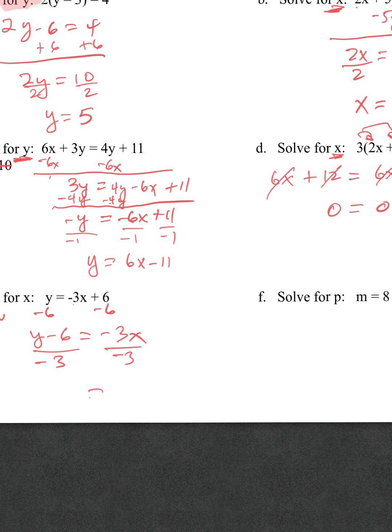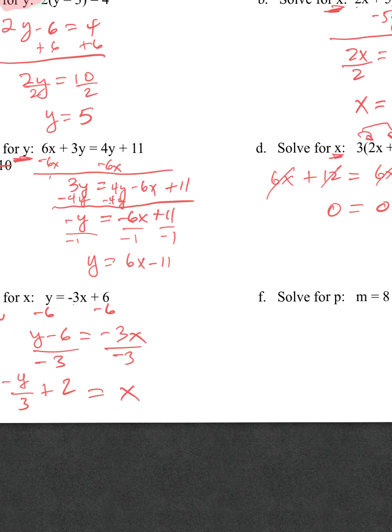So we get x is equal to, you can write it in this form, or you can write it individually as a fraction: -y over 3 plus, because it's -6 over -3, it becomes a plus 2, okay? 6 divided by 3 is 2. So this is solving for x.